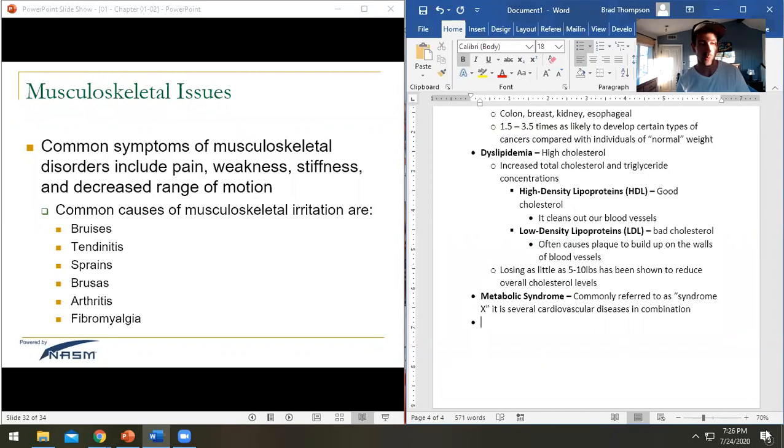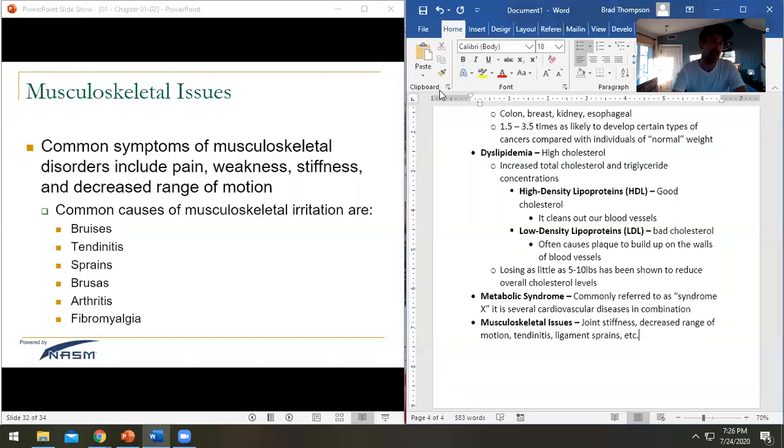And lastly here, we also have musculoskeletal issues, right? It can be joint stiffness, decreased range of motion, tendonitis, ligament sprains, etc. There's a million different conditions here.